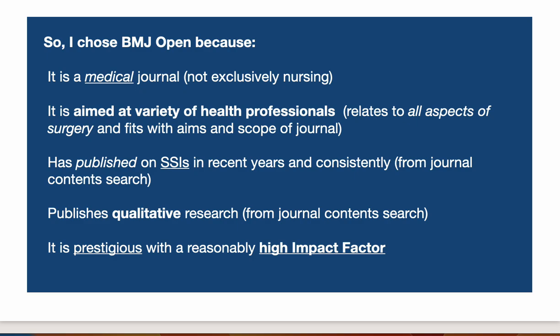So BMJ Open is aimed at a variety of health professionals, so that fits. It has published on surgical site infections in recent years, and it's been pretty consistent. It does publish qualitative research, and not just one or two, but a fair few, and consistently over the last few years. It is a prestigious journal in the UK, and it has a reasonably high impact factor.